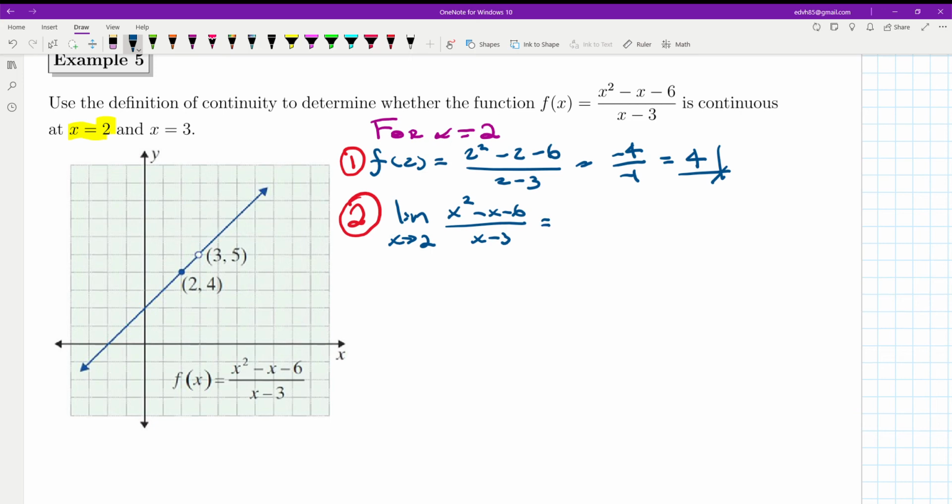Notice this is the same as evaluating the function. So what do we do every time we evaluate a function? Substitute. Computing a limit is exactly the same way as evaluating a function. However, the concept behind it is different, and well, it's the same value.